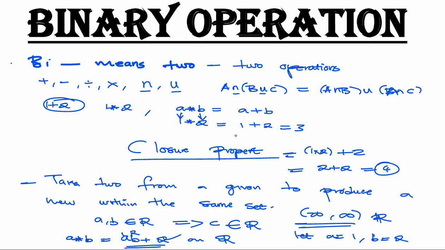So when you take two numbers from a given set, be it a set of rational numbers, irrational numbers, complex numbers, be it a set of integers, and so on, and at the end you produce a number from the same set, what we need to understand is that the closure property has been satisfied. This is what you need to understand, guys.